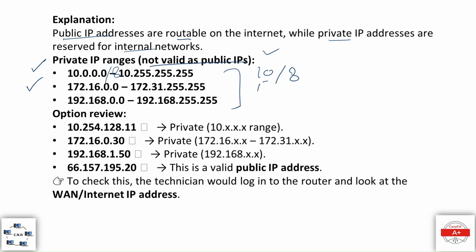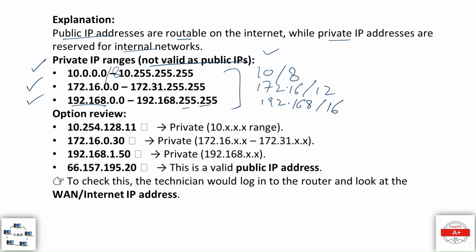You can also write this as 172.16/12. And the next one is the popular one that we most often use in our home setups, 192.168.0.0 up to 192.168.255.255. You can also write this in CIDR notation as /16.